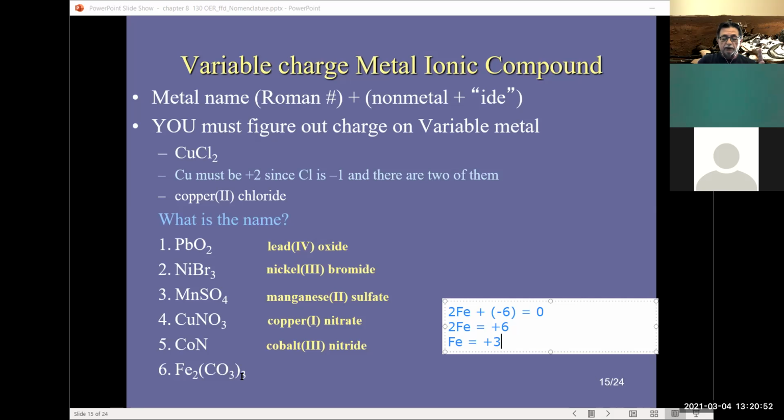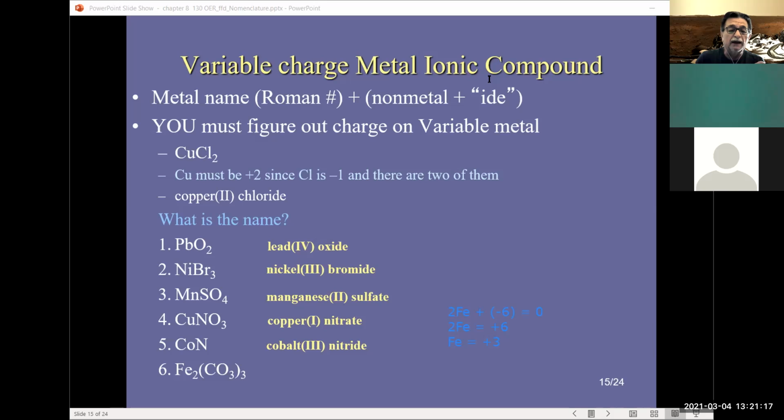Now, what's even more amazing, as I stated earlier, remember when we were putting them together and we had an odd number, we were looking for a common number. And then I said, you know what? The subscript of the anion is the charge of the cation.